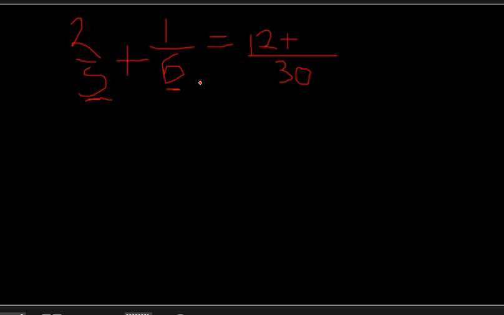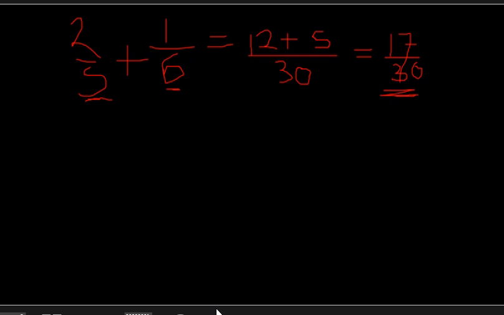And that quotient, 5, multiplied by the numerator on top, 1, you have 5 itself. So here you have the common denominator 30, and 12 plus 5, you have 17. So this is our answer.